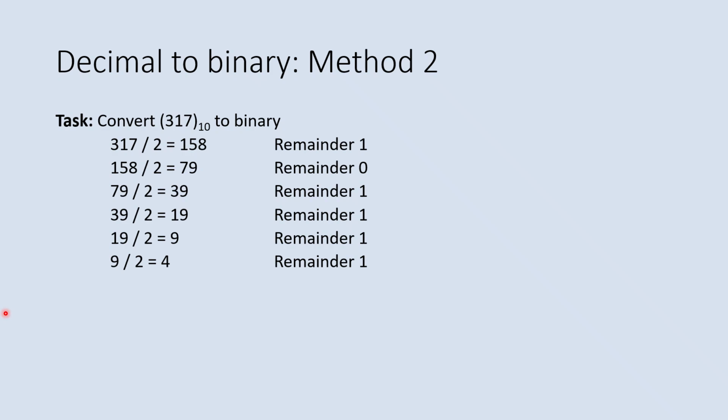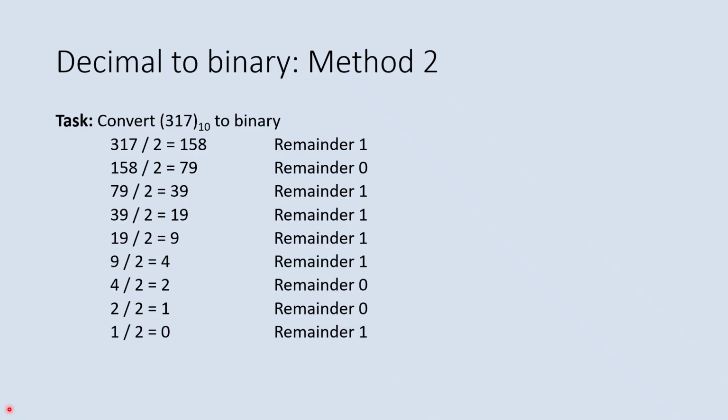With 9, when we did 9 divided by 2, we get 4, but there's a remainder of 1. 4 divided by 2, that's 2 with a remainder of 0. 2 divided by 2 is 1 with a remainder of 0. And we go all the way until this final value becomes 0 itself.